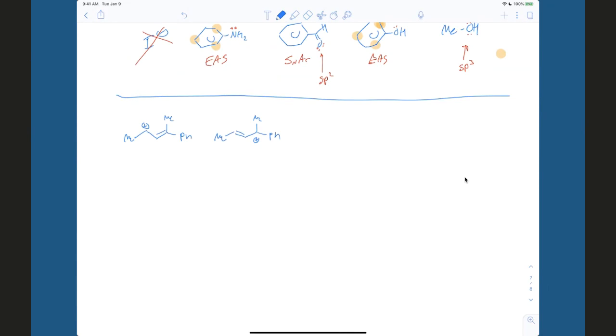This one is tertiary and it's benzylic, so this is going to be more stable. This is less stable. Both of them are representative of the overall picture of the molecule. This is just the one that would be the less populated resonance isomer.